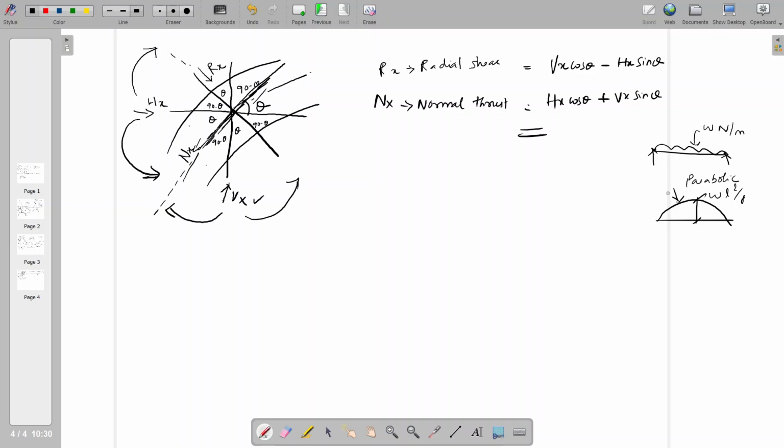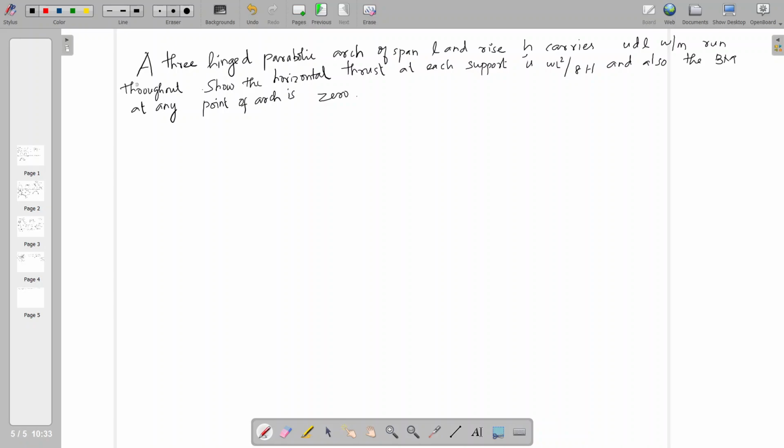So both are cancelling and the net bending moment will be zero. In general, if you provide a profile the same as the bending moment diagram, then the bending moment will be zero.